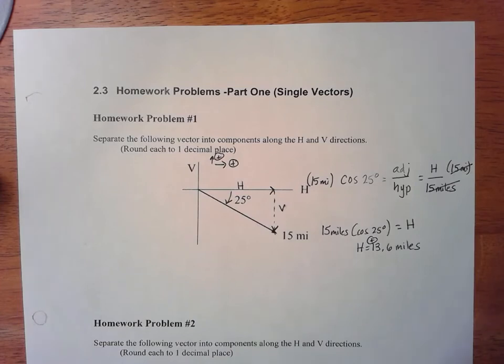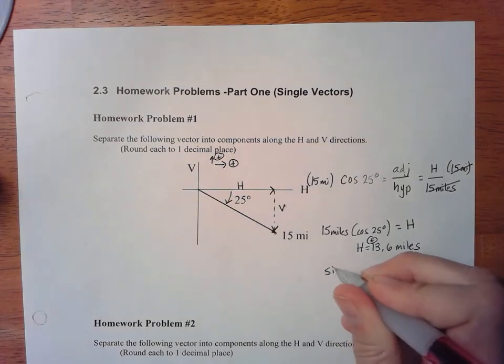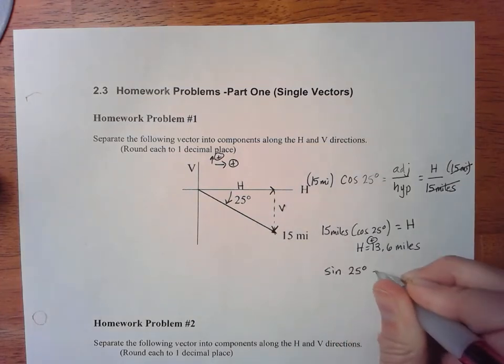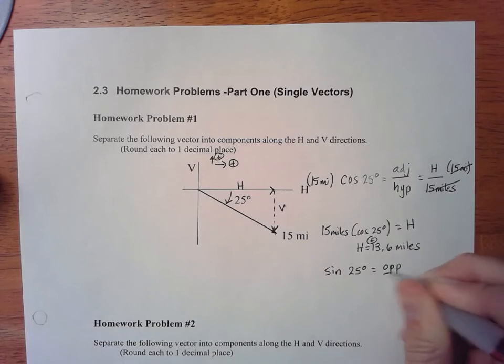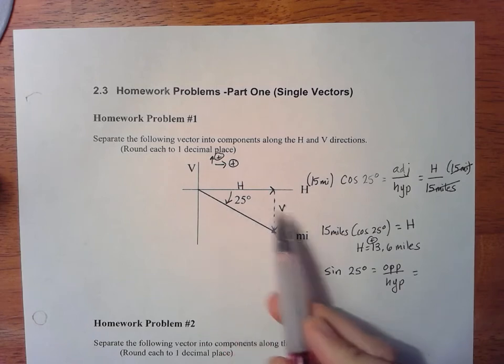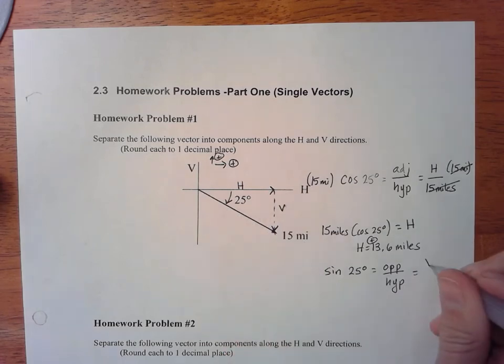Now let's use the sine relationship. The sine of 25 degrees is going to be the opposite over the hypotenuse. And in this case, for my 25 degrees, my opposite is my vertical, and again, my hypotenuse is the 15 miles. So I'll follow that same procedure again, multiply each side by 15 miles to make that cancel out.